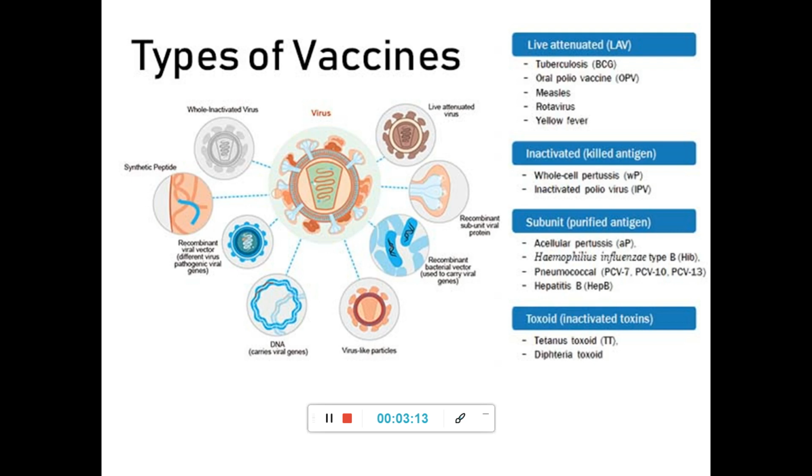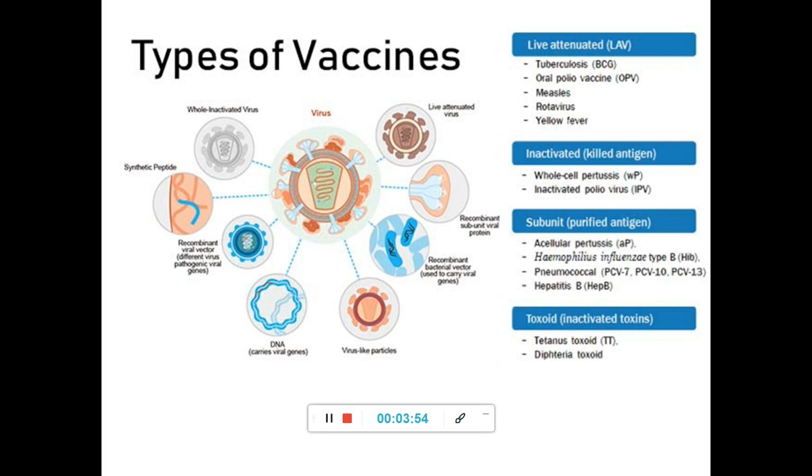Now, the first type we are talking about is the live attenuated vaccine. The live attenuated vaccine is of course live, but it has a reduced virulence, and it also has immunogenicity. And this attenuation is a process which can be achieved by different methods, like you can grow them in hostile conditions so that the bacteria or the pathogen, whatever it is, will be able to grow.